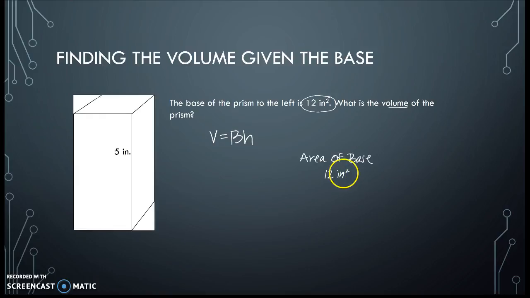So we don't have to calculate it in this case, but I want you to practice writing it out to the side because most of the time you're going to do the calculation. So then we're going to plug it in for big B, right? Big B is area of the base. So we're going to plug it in for 12. And then height, well, over here the diagram is telling us that the height here is 5 inches. So I'm going to plug that in for height.